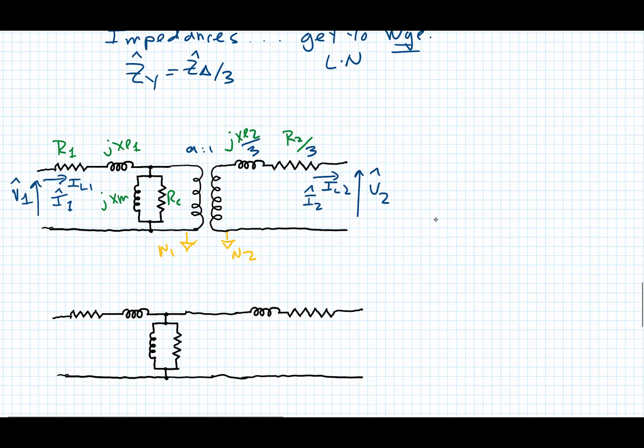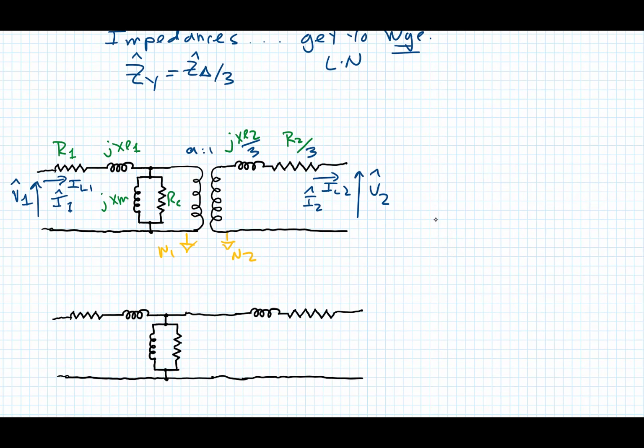And then let's try to refer everything just to the primary. And then you could solve it that way, or you might have to go the other way and refer everything to the secondary. Then you'd have to have these transformed by that same turns ratio squared, just like we learned before.